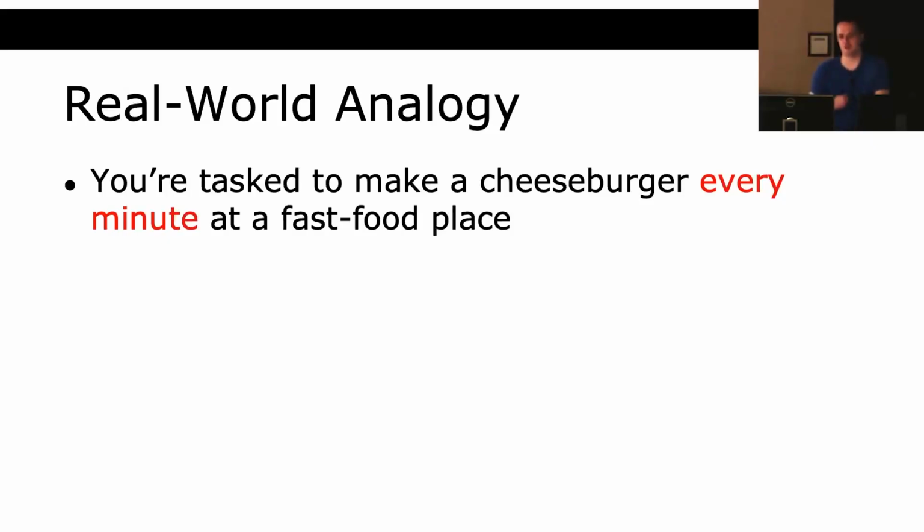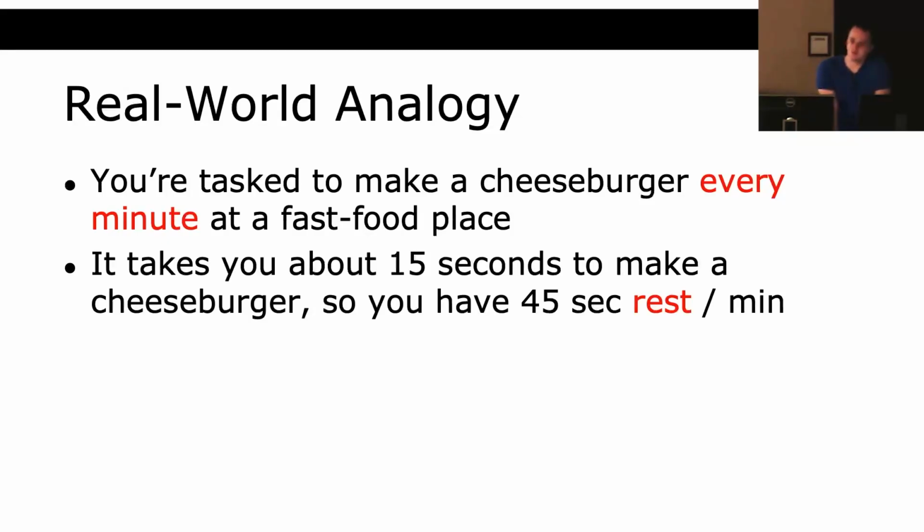Like, we're the game programmer, the game designer has said, whatever you do, hit 60 frames per second. In a different world, you're working at McDonald's and the boss says, whatever you do, you're making 1 burger per minute. But the good thing is, it only takes you about 15 seconds to make a burger, right? So you've got 45 seconds to sleep between each burger that you make, or chat with coworkers or whatever.